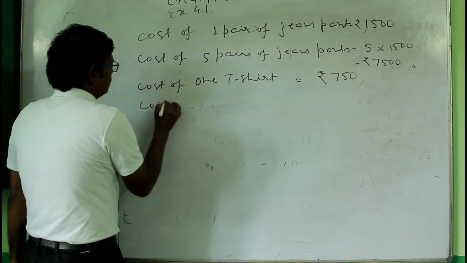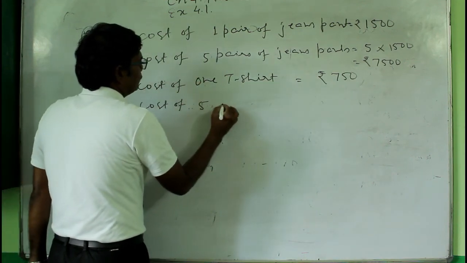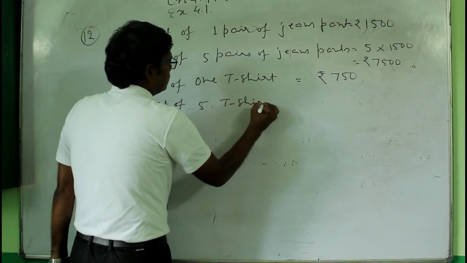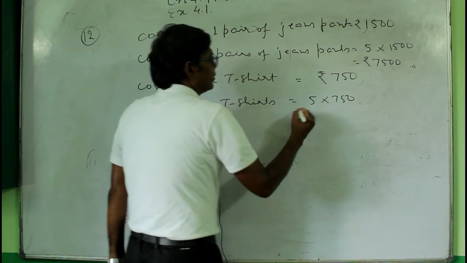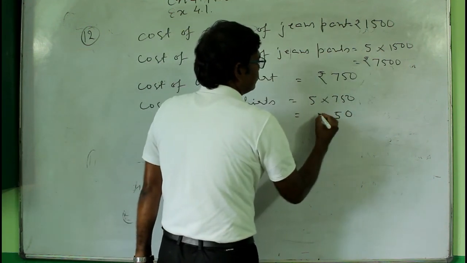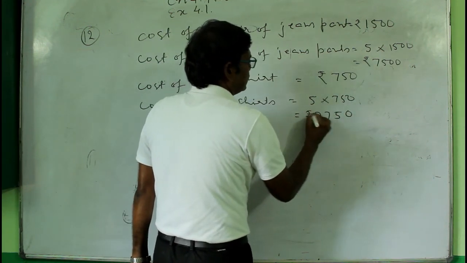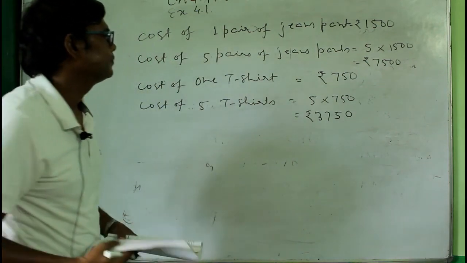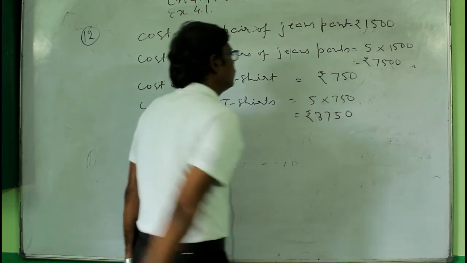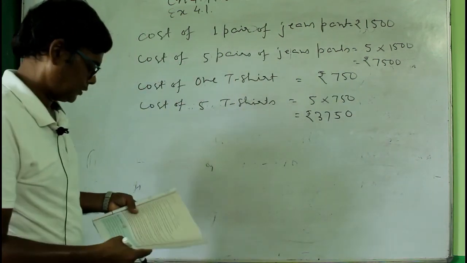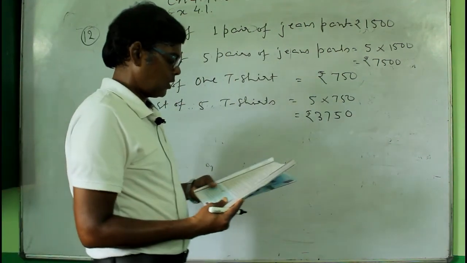Then the cost of 5 t-shirts equal to 5 into 750, that is this much. Okay, this is the total cost of 5 t-shirts, and this is the cost of all the 5 pairs of jeans. Then how much money?